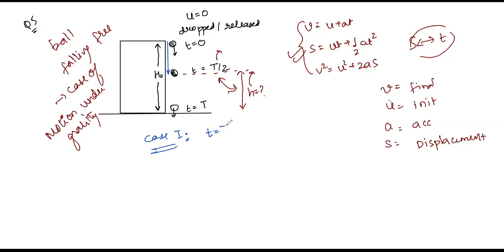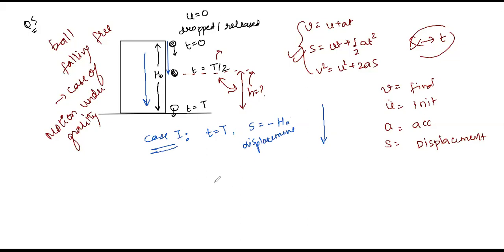That the total time taken is capital T for the ball to cover a displacement of h naught. S is displacement and not distance, and displacement always has a direction. Since the ball is going downwards, the direction is negative. Of course, its magnitude is h naught, right? Because the ball is coming down.